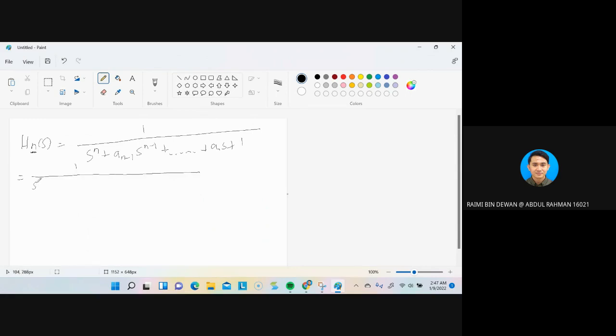S6 plus 3.864 S5, just follow the table, and then plus the next one, A4, which is 7.464.